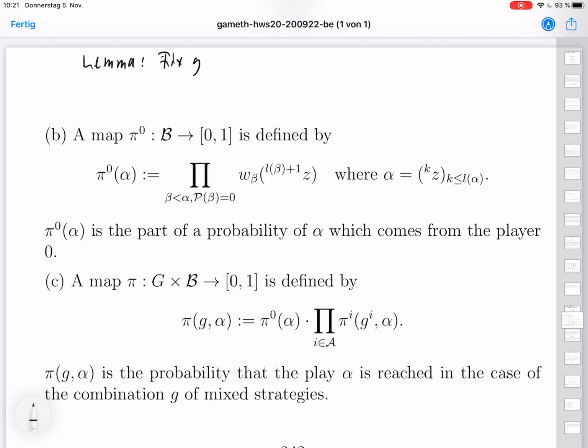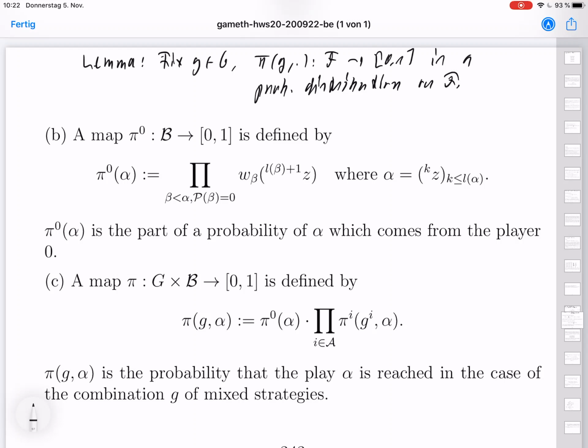I fix now g, and then this pi of g from F to [0,1] is a probability distribution on F. So I get a probability for each play, but on the set of all plays it's not a probability distribution.